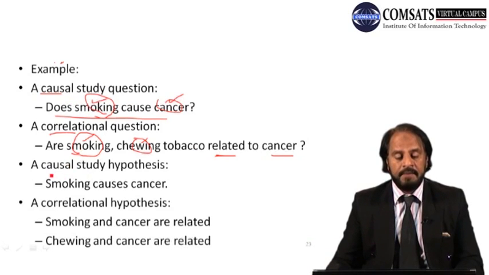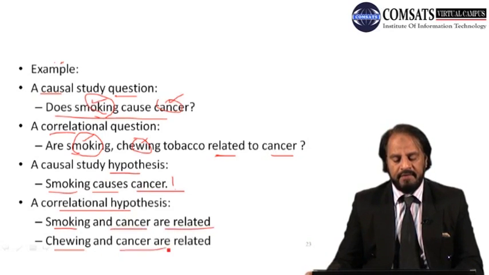Usually a causal question will lead to a causal study hypothesis, where we will say smoking causes cancer. So we're converting the question into a statement. This is a hypothesis we might have, and a correlation hypothesis would be smoking and cancer are related, chewing and cancer are related.